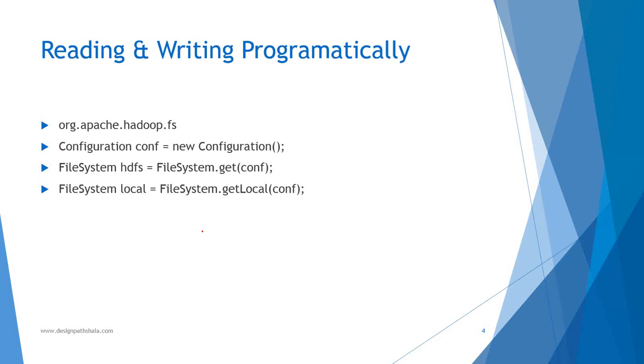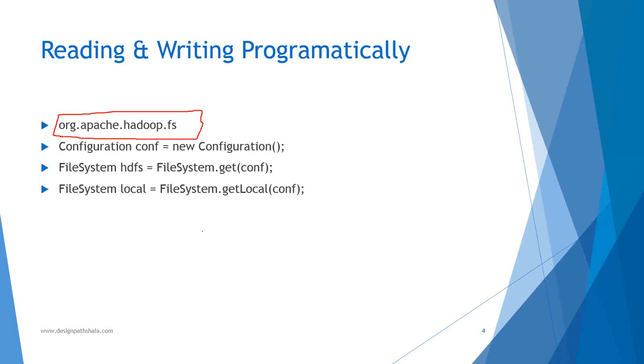So there's a package available to you, which is org.apache.hadoop.fs. If you look into the files available in this package, there are files which help you to interact with a Hadoop based file system. I am not talking about what's all available in this package. I'll just give you an example, but there are a lot of things available.